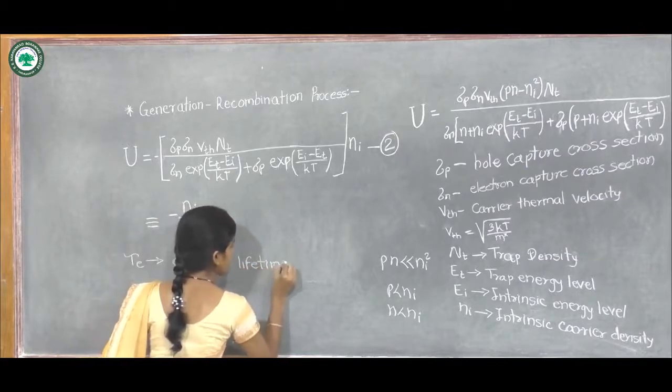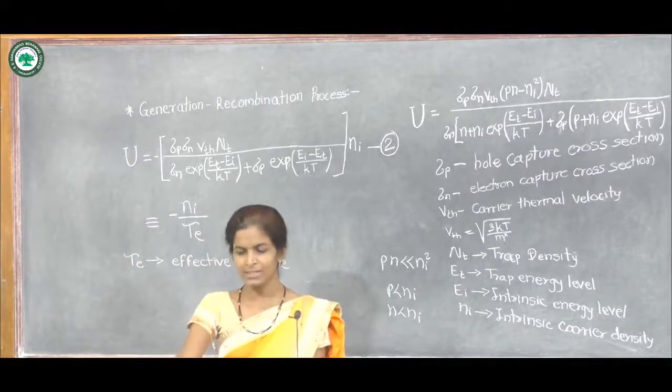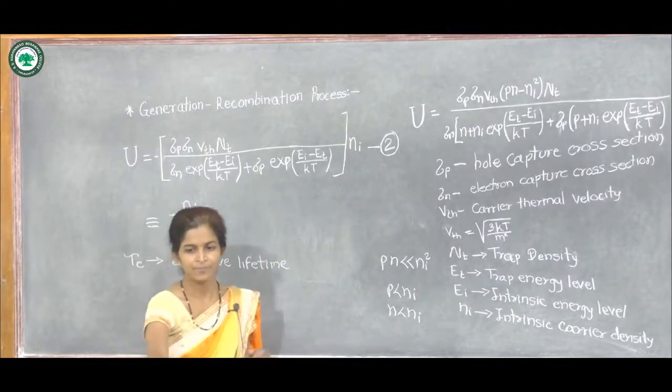And the value of this tau E is nothing but the reciprocal of the expression in this bracket.